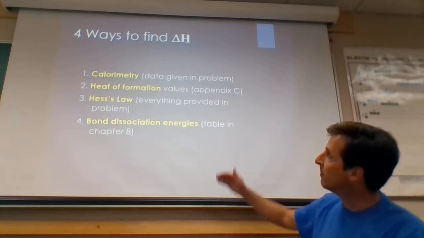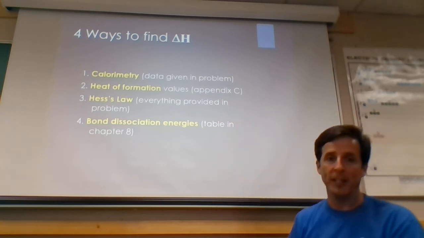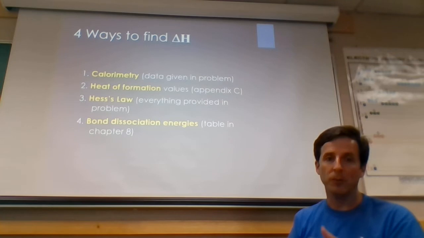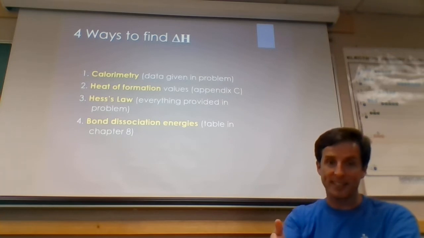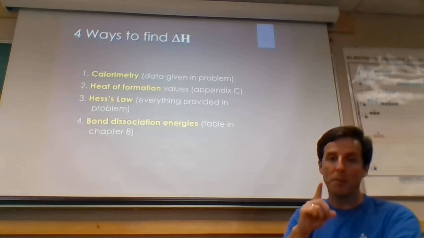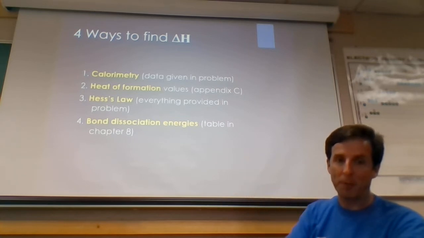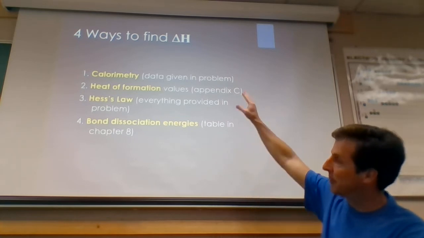Well, there are 4 different ways to find delta H. Each one takes a different approach to solving the problem. So on your next test, you will have at least one problem to find delta H by each of these ways. You'll have a problem where you have to find delta H using calorimetry.